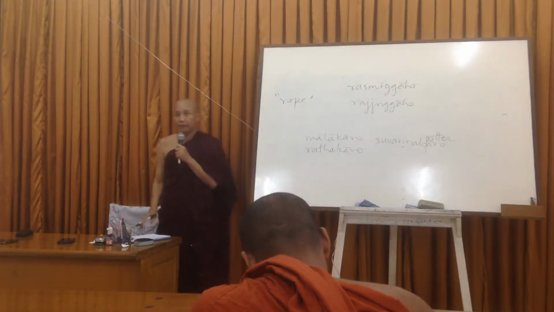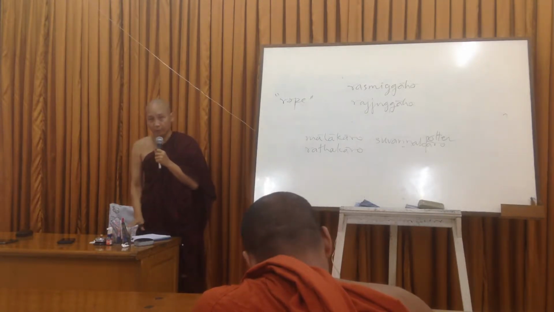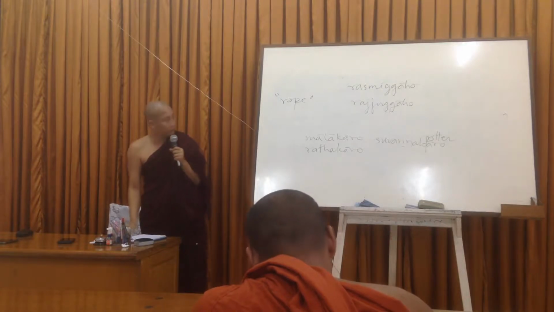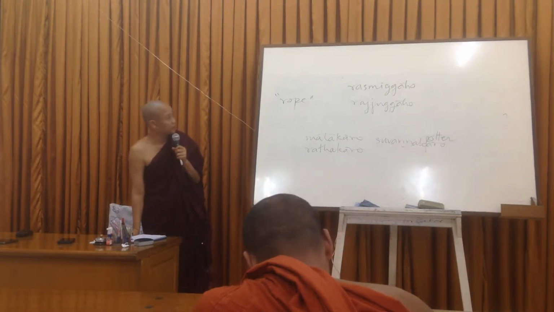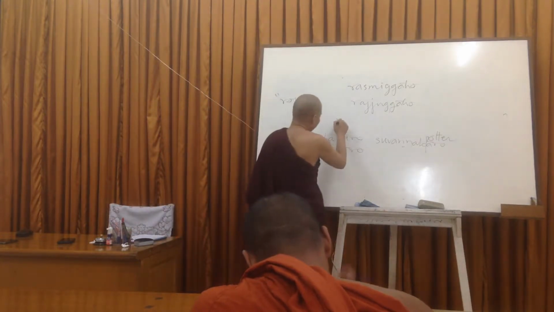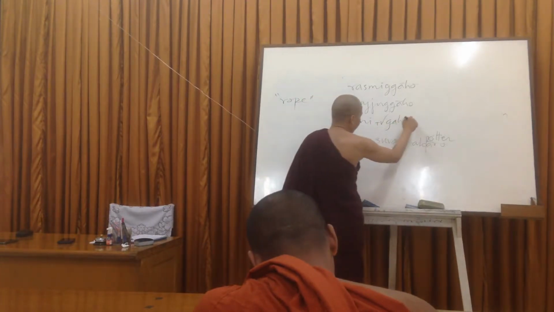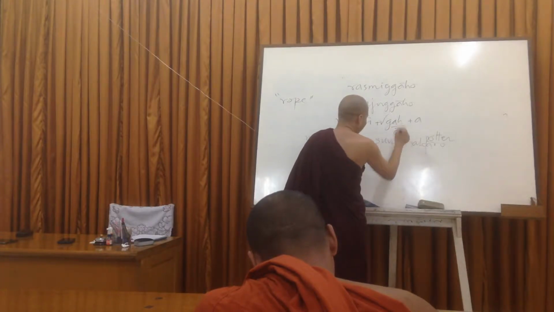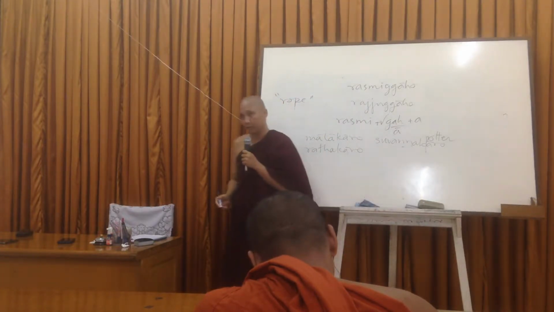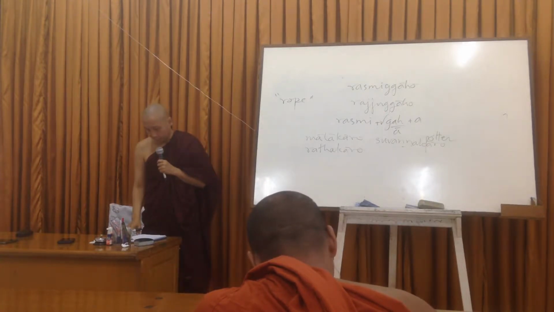Rasmi or Raju means the rope. Gaha is derived from the Ganadi root, to take, to hold. So rope holder is the one who holds or takes the rope. What is the speciality of this R suffix? The root is gaha. Because of R, the vowel in ga changes into the long vowel: Rasmigaha, rajogaha.